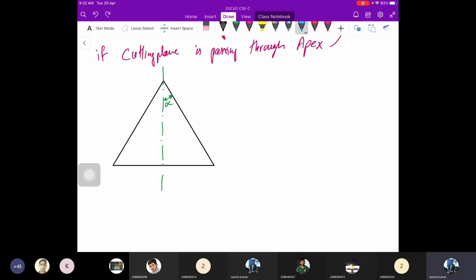Again, I'm using the cutting plane here, a small line followed by a large line, and the ends will be dark. So this cutting plane is making some angle theta with the axis of the cone.